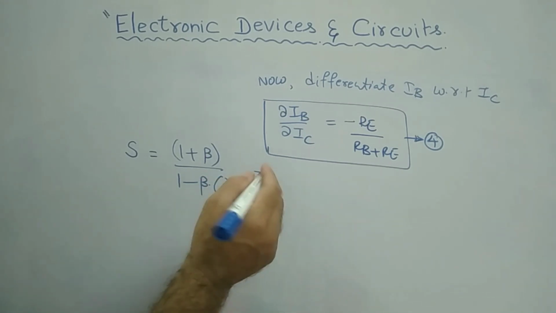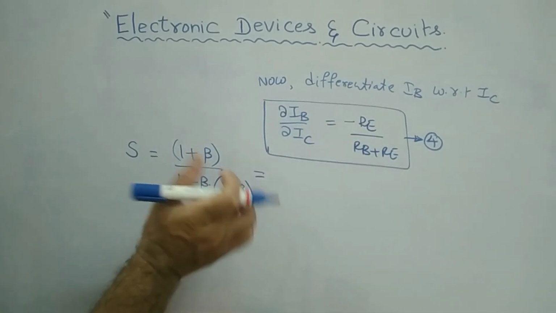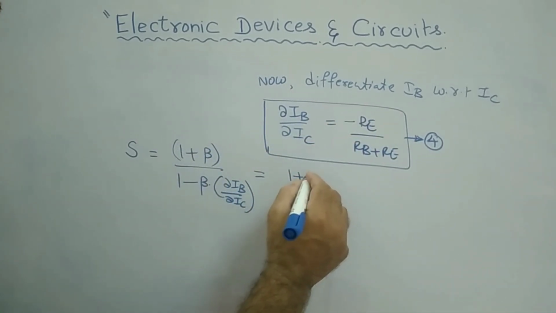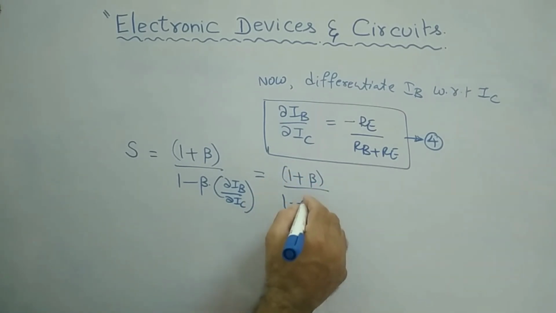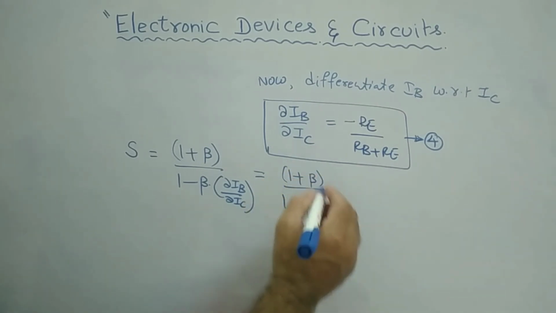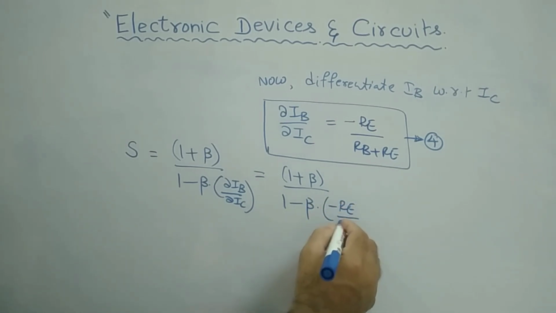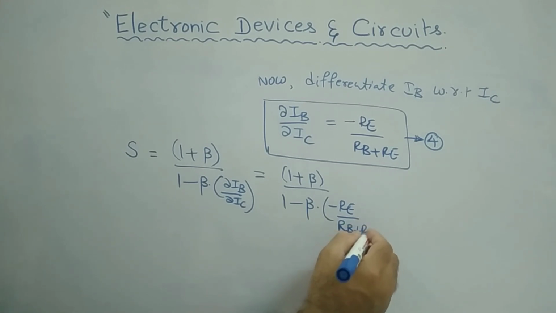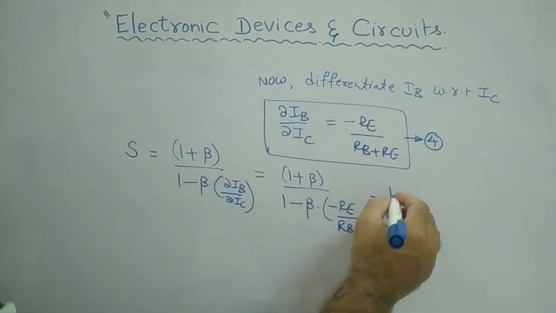If you substitute this dou IB by dou IC here, then you will get 1 plus beta by 1 minus beta into, what is that? It is minus RE by RB plus RE. And definitely this minus becomes plus.